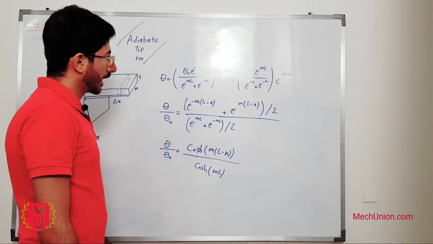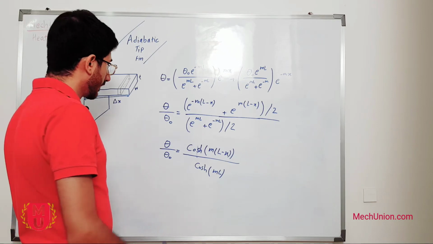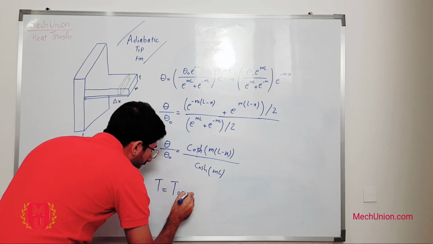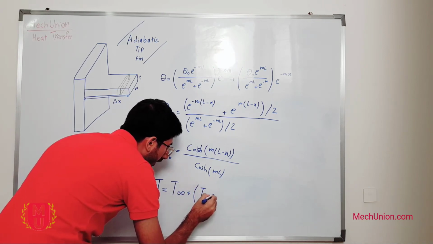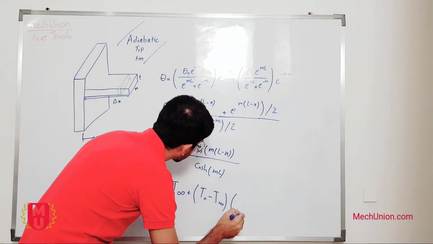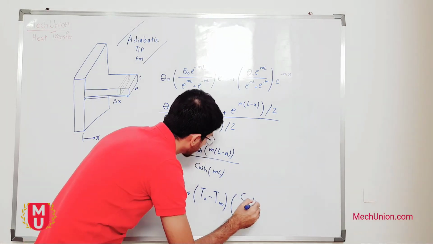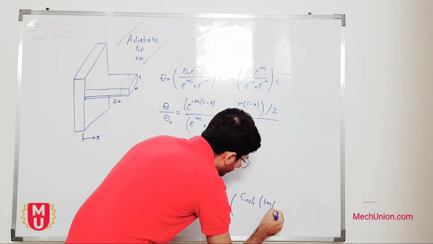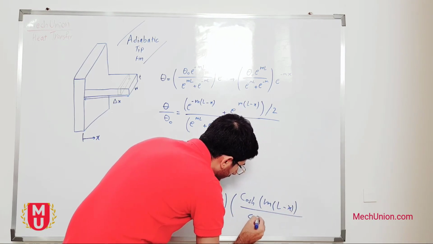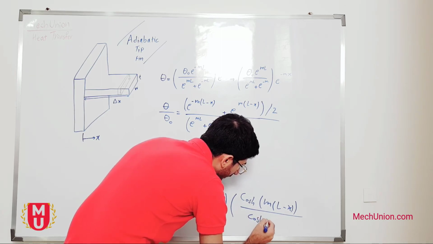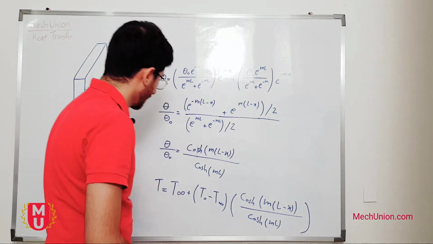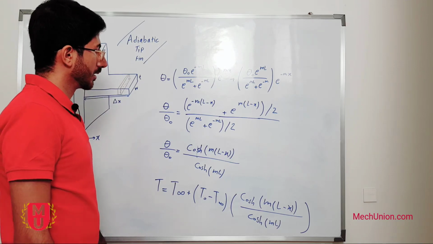To get the formula in terms of T and T naught, we have T equals T infinity plus T naught minus T infinity times hyperbolic cosine of m times L minus x over hyperbolic cosine of m times L. This is the equation.